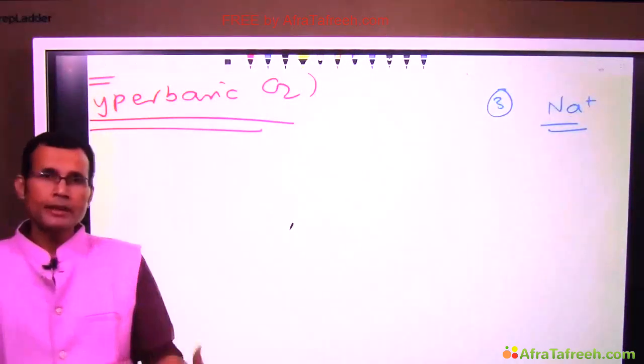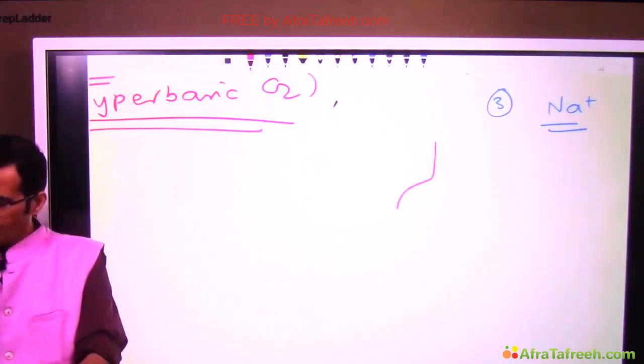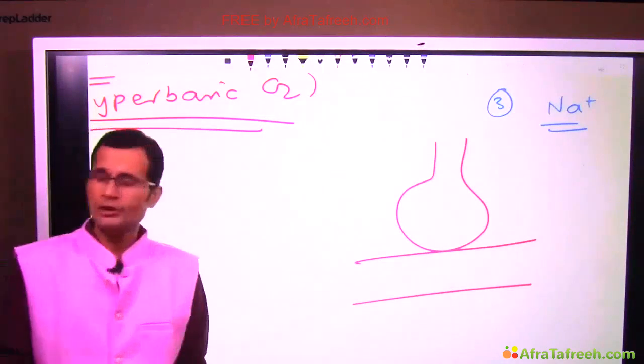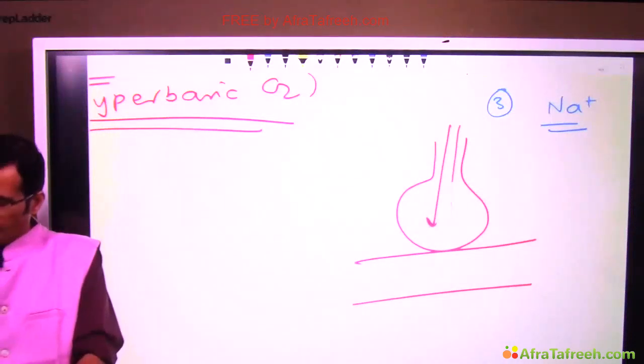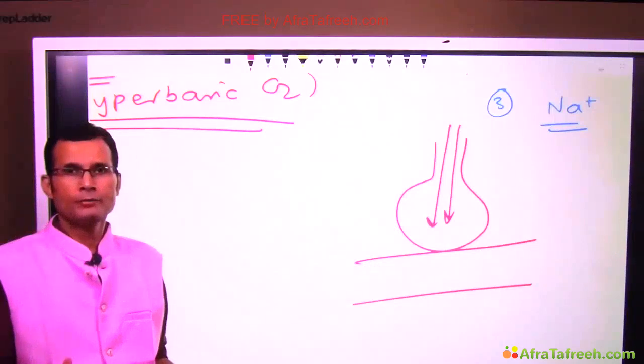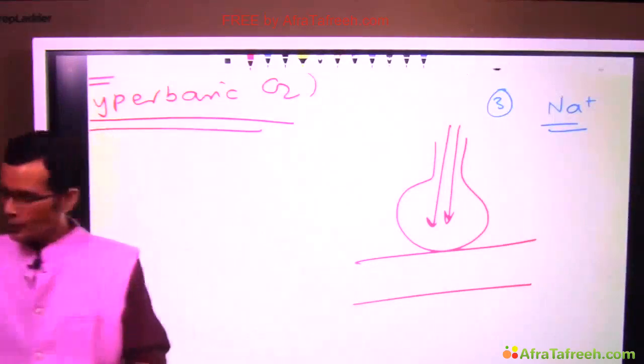The reason, the basis, the logic is that when you give hyperbaric oxygen, oxygen under high pressure, it reaches the alveoli with a high pressure, because you are giving it under high pressure.